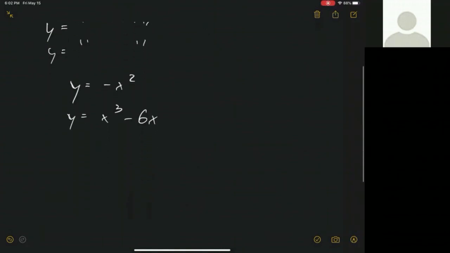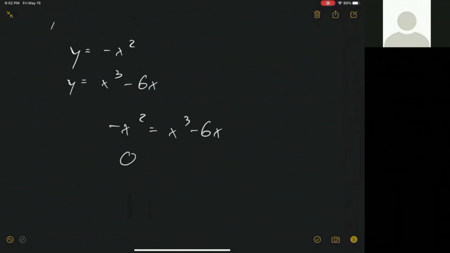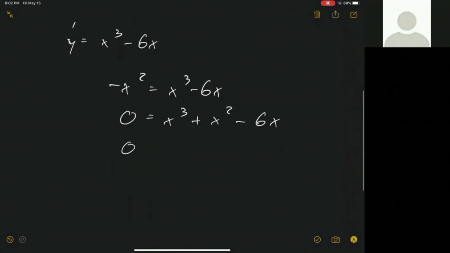Now what am I going to do? I'm just going to set these equations equal to each other. So I'll set negative x squared equal to x cubed minus 6x. I'm going to move everything to one side of the equal sign. Then I'm going to solve. How do I solve that? Well, let's try factoring.